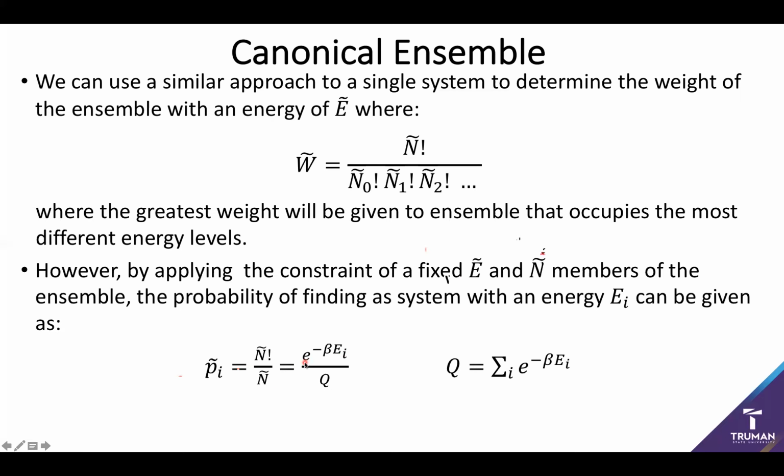And similarly, we can then predict this probability based on the energy of state i using an exponential function, and then essentially normalizing with the canonical ensemble partition function, where uppercase Q represents the canonical ensemble partition function, whereas lowercase q represents the molecular partition function. And again, we can get the canonical ensemble partition function simply by summing over the energy of each individual system.